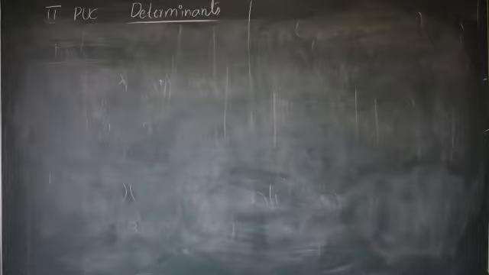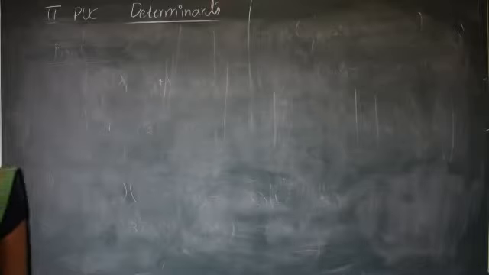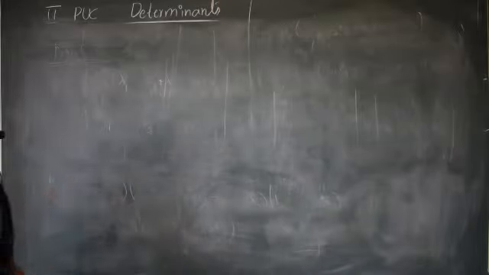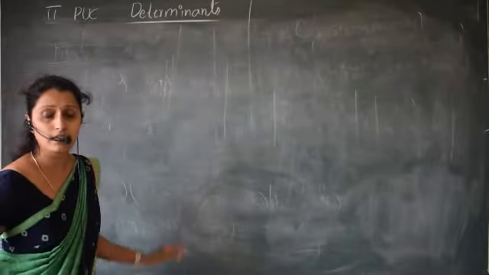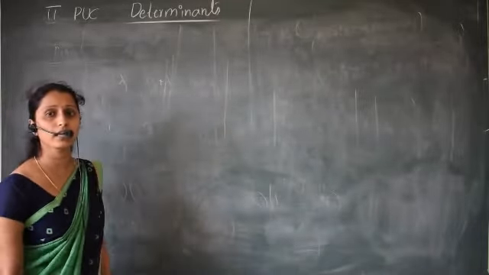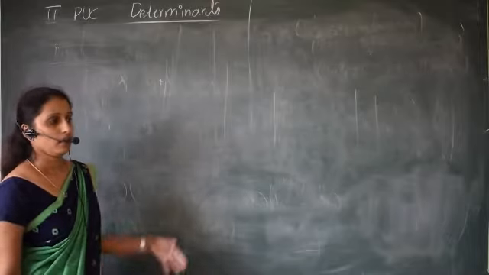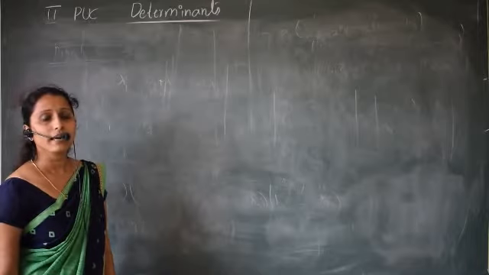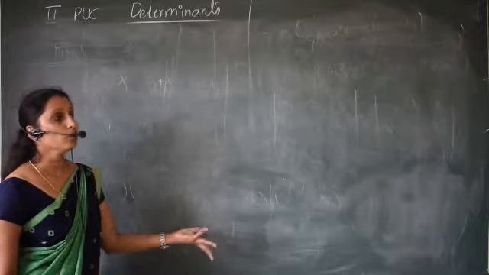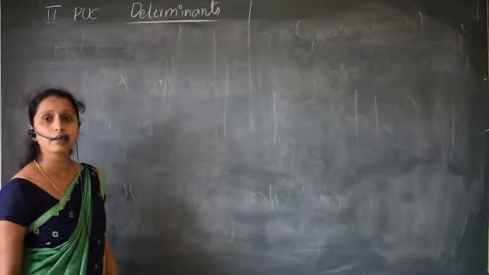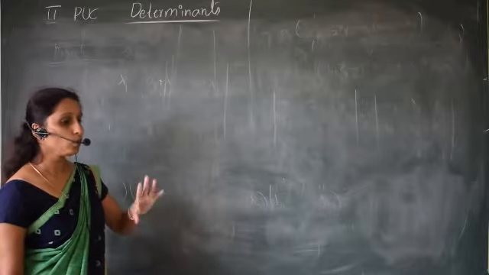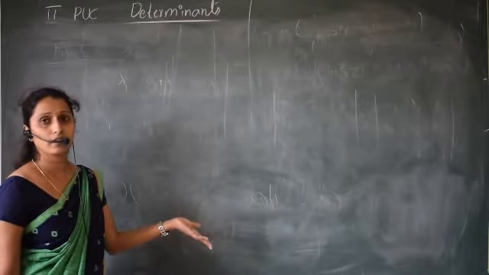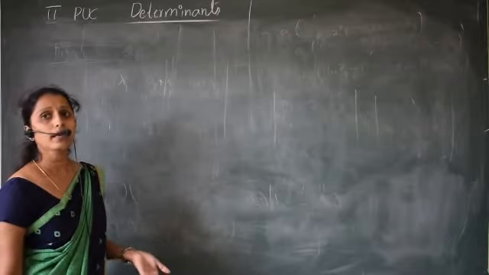So next is property number 6. So what is property number 6? We know that while finding the inverse in the chapter on matrices, we have used elementary operations. In that, the third operation is: we can add to one given row another row multiplied by a constant.